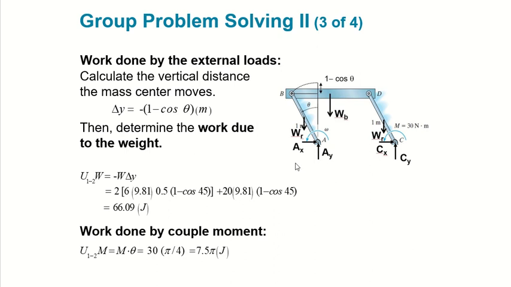If you want the work done by the couple moment, you write it down: work done is M, your moment, times your angle. Your moment is 30, and your angle is pi by 4, which is your 45, and you will get 7.5 pi.